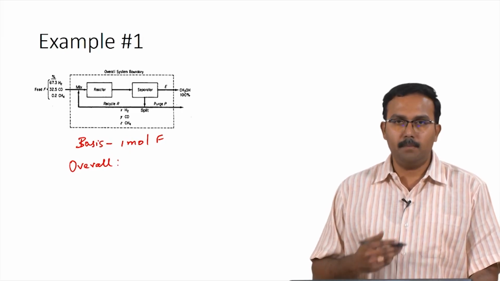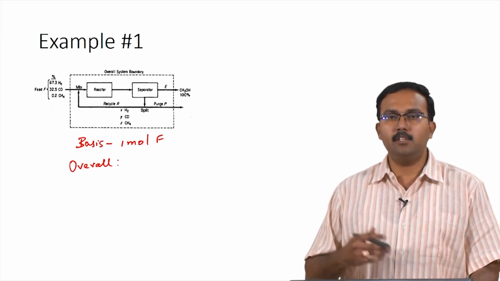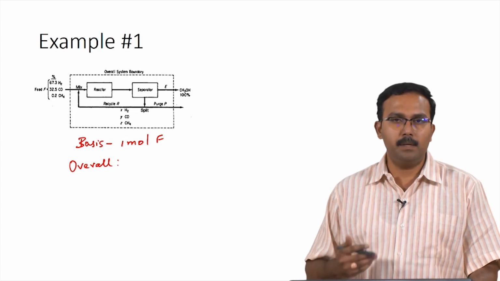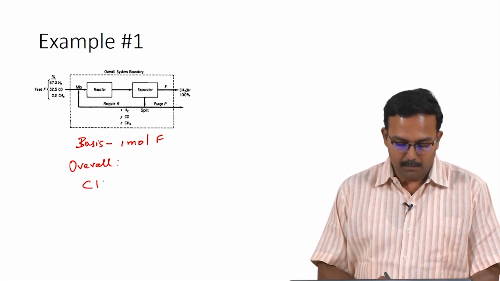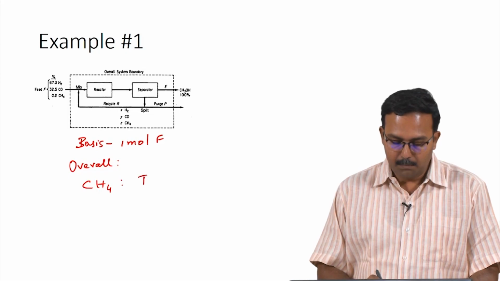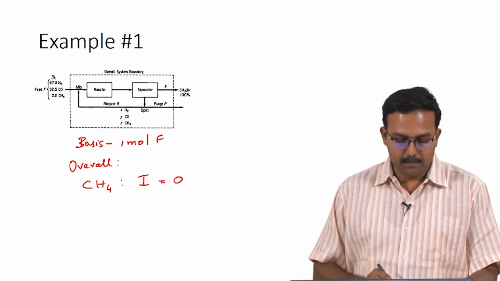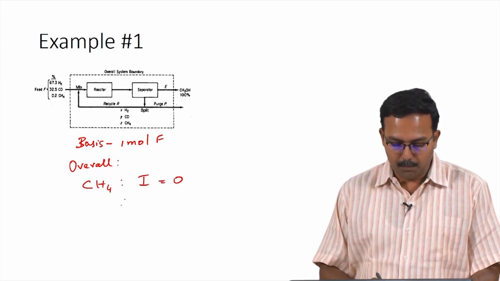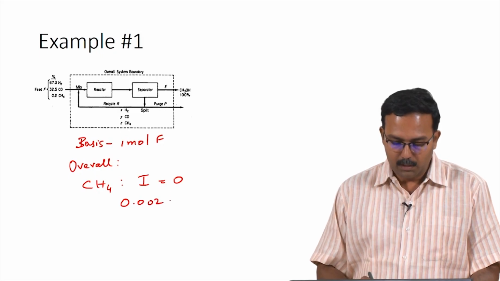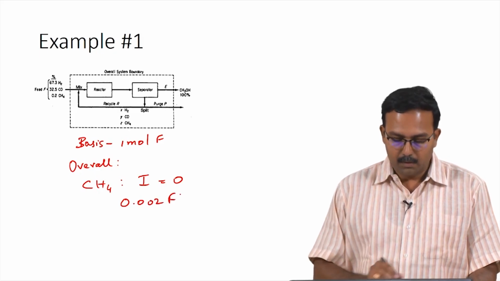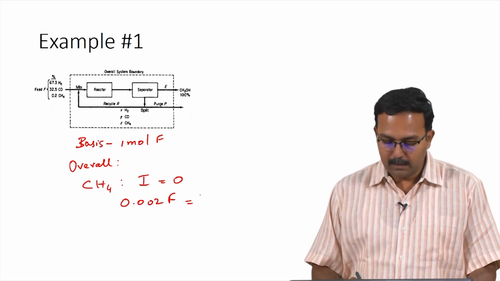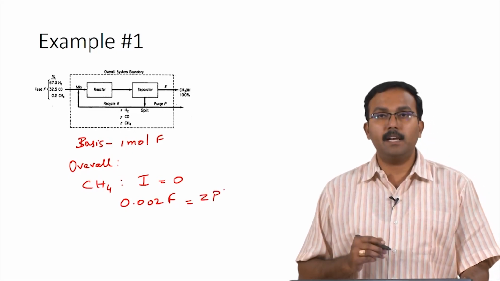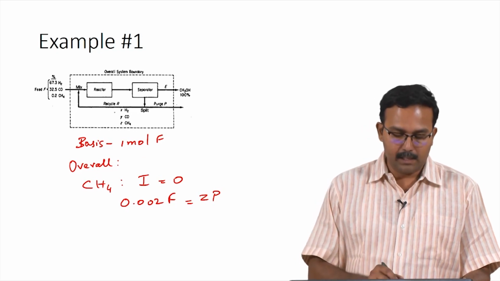So let us first write the balance for methane, because methane is a non-reacting component, it would be a simple balance to write. So we will have the methane balance as input equals output at steady state. So giving us an input of 0.002 times F, and your output would be Z times P, where Z is the mole fraction of methane in the recycle stream.